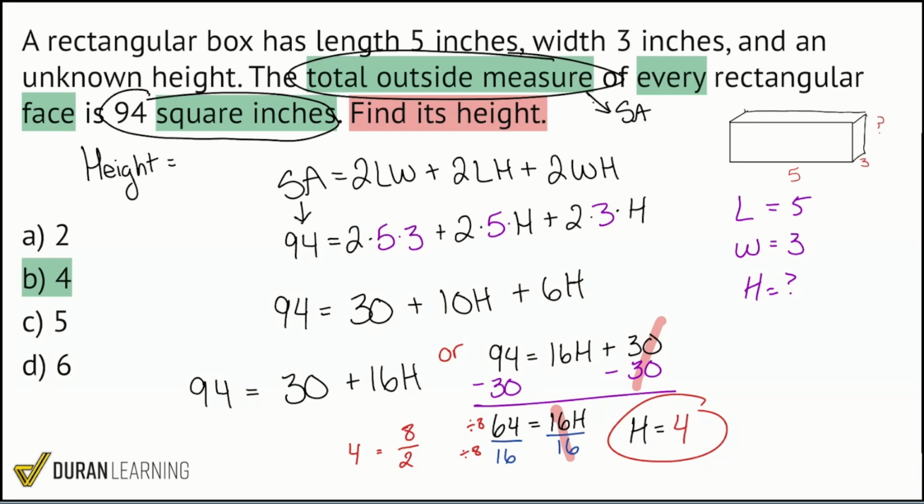So if we understood everything up to this point, and this is where we got confused, that's how you know that you need to work on your ability in terms of solving equations. That's what this last part is. After we plug in the values, everything from there on out is all about solving equations. And again, we know it's surface area because of square inches; volume would have been cubic, 3-dimensional inches.